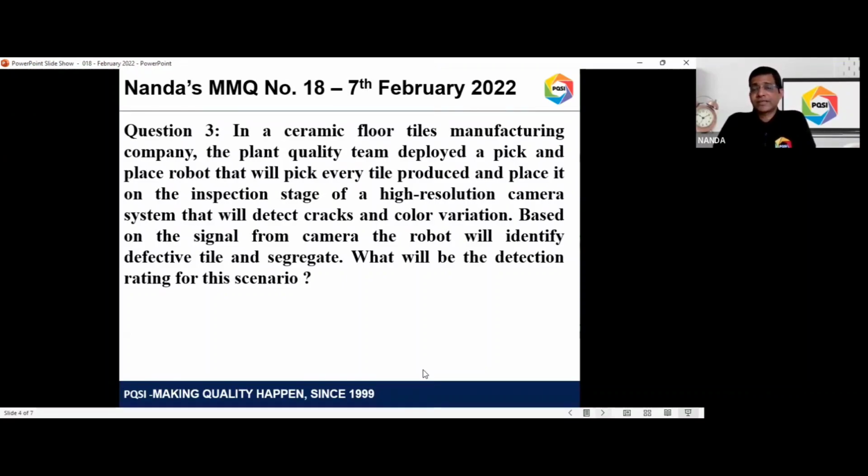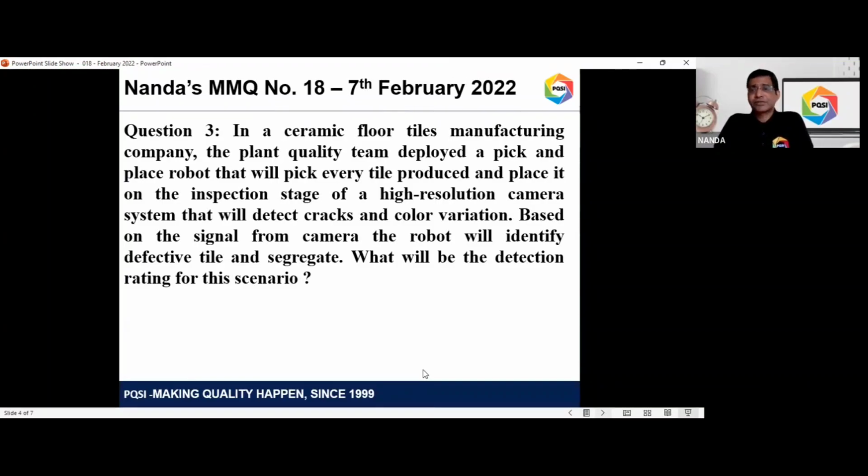So these are the two things that it detects. Based on the signal from the camera, the robo will automatically identify the defective tile and segregate it. What will be the detection rating for this scenario is the question. Again, like the previous question, what we are looking for is in the Google form a detection rating number that you wish to give for this scenario.